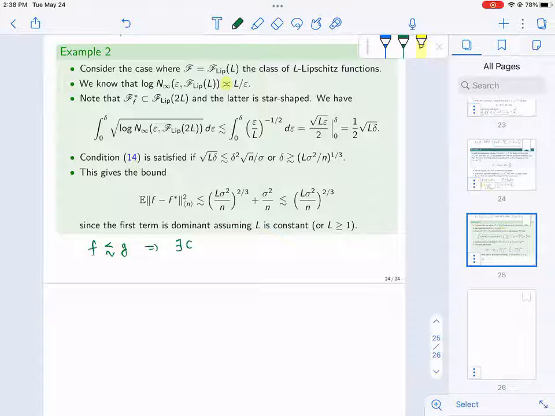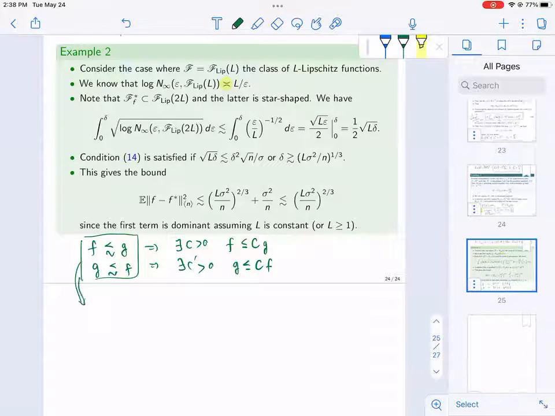There is some constant c such that f is less than or equal to c times g. And g ≲ f means there is another constant, c prime perhaps, such that g is less than or equal to c prime times f. So this is equivalent to, at least that's what I'm using this for. Some people use it for asymptotics, but this is a non-asymptotic version.